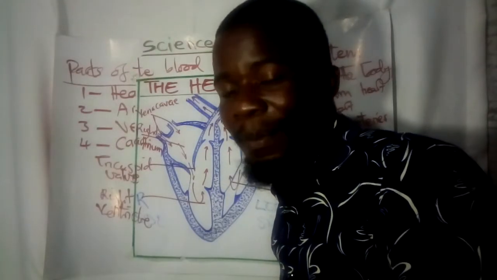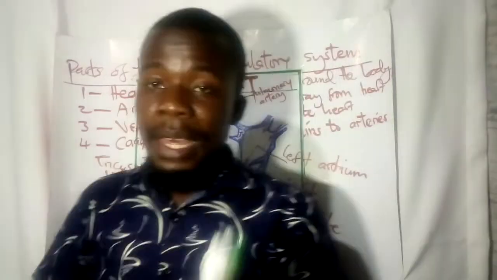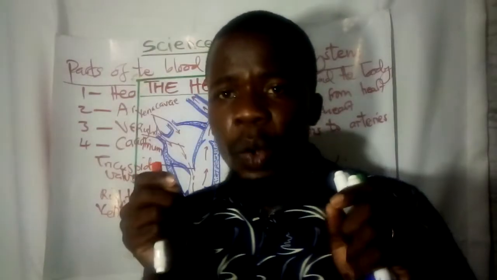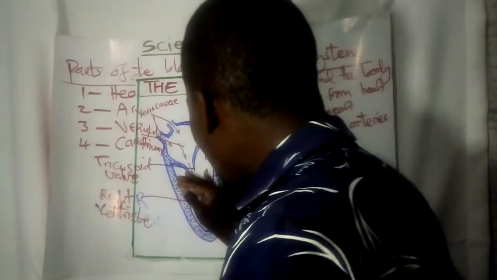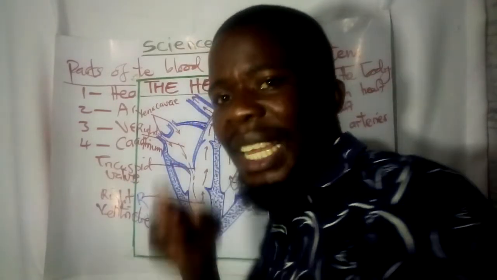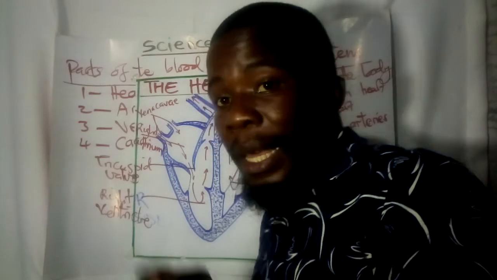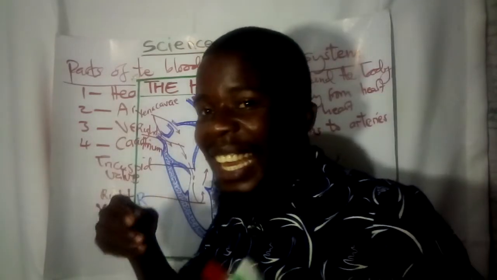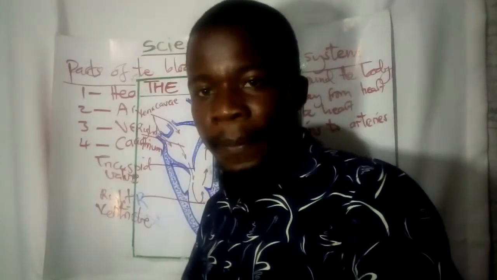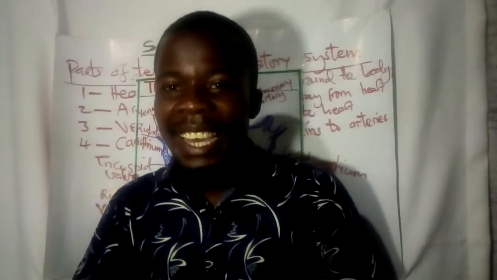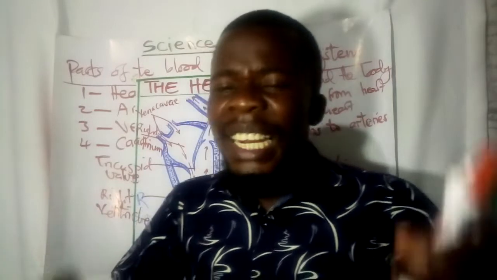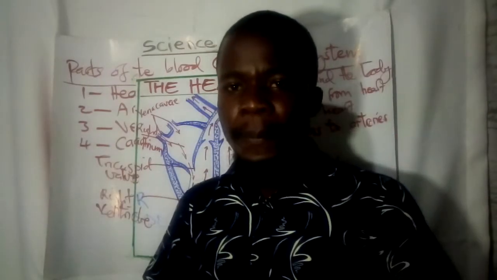All right? Now, that blood contained carbon dioxide. When this blood that contained carbon dioxide, which is a waste product, gets to the lungs, the carbon dioxide is excreted, is removed from the blood.